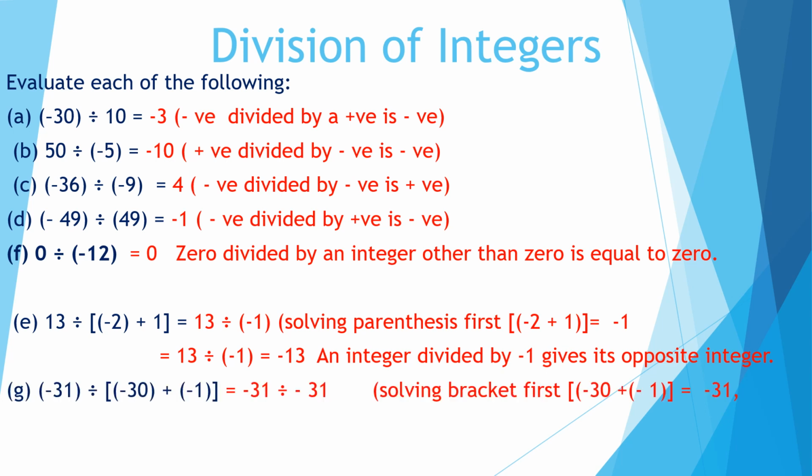Now let's evaluate minus 31 divided by (minus 30 plus minus 1) within parentheses. Evaluating the parentheses first, minus 30 plus minus 1 will be equal to minus 31. So now minus 31 divided by minus 31, an integer divided by itself gives 1.